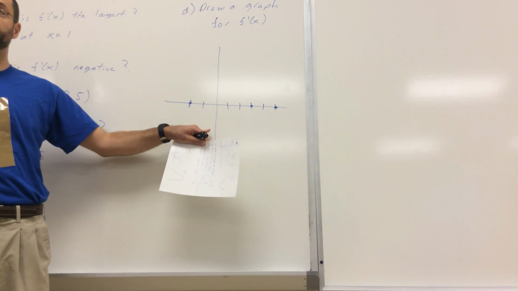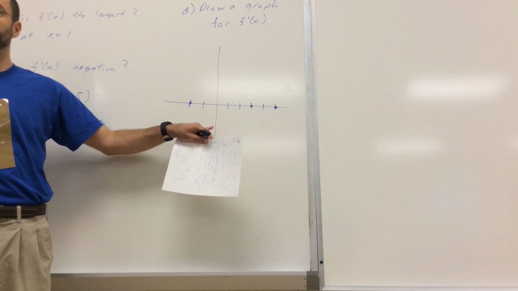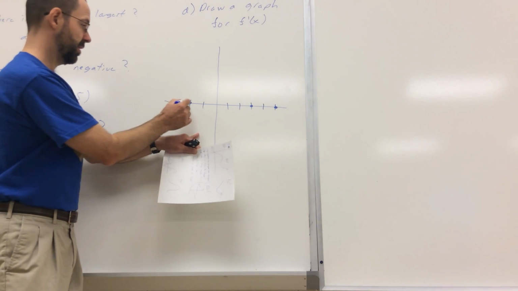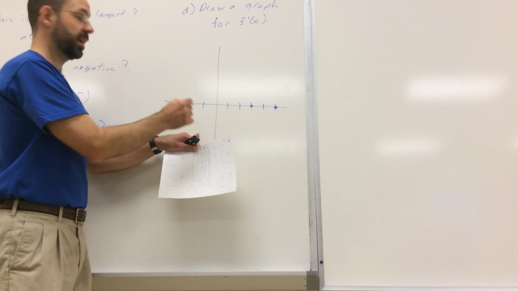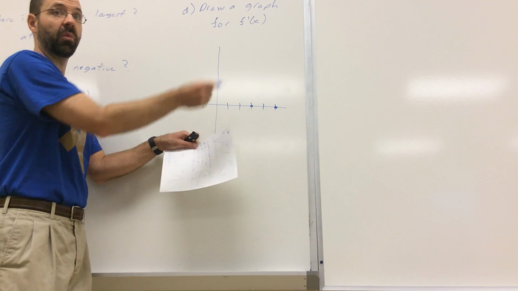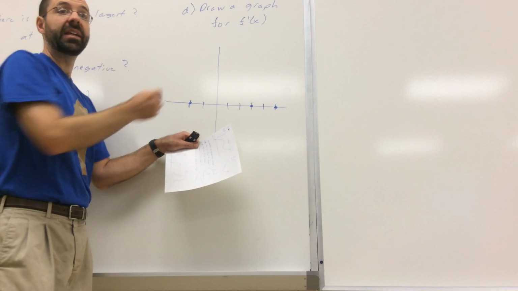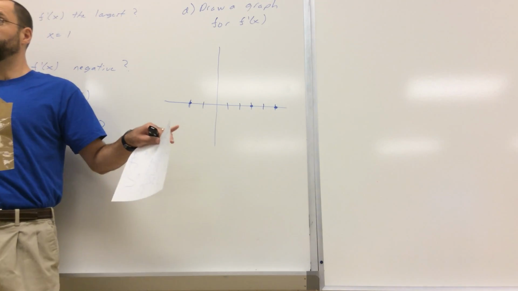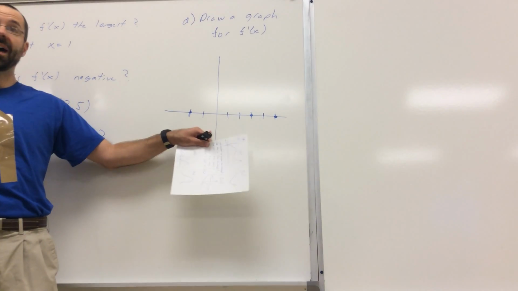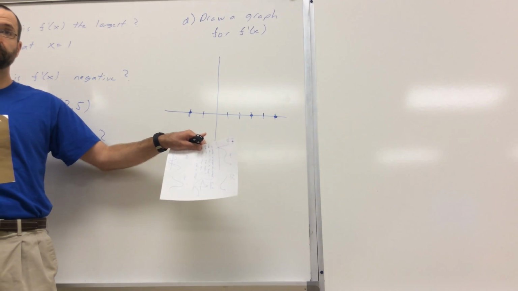And positive values mean above the x-axis. So I just need to graph in between negative 2 and 3. It's going to be above the x-axis somewhere. I don't know exactly what it's going to look like yet, but I know it needs to be up here. Because those slopes are positive. So these values need to be positive.